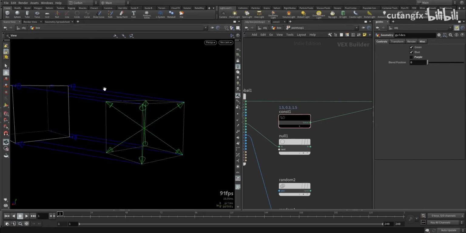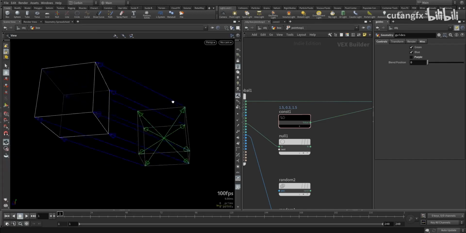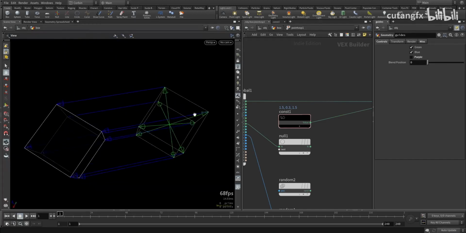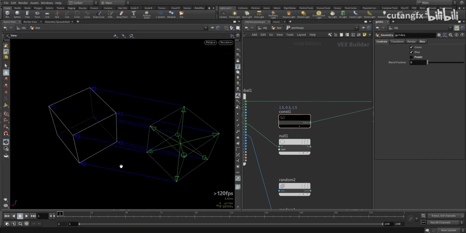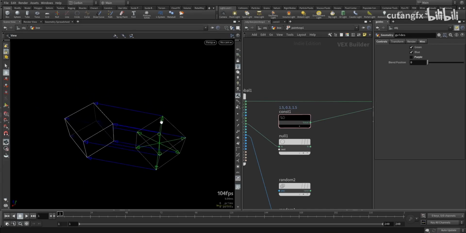But also, if I take that same blue vector and put it here, and the same blue vector and put it there, then each of the points is offset in that same direction by the same amount. And that's what results in this kind of uniform offset, where the points are moving, but it doesn't look like they're deforming because they've all moved by the same amount.